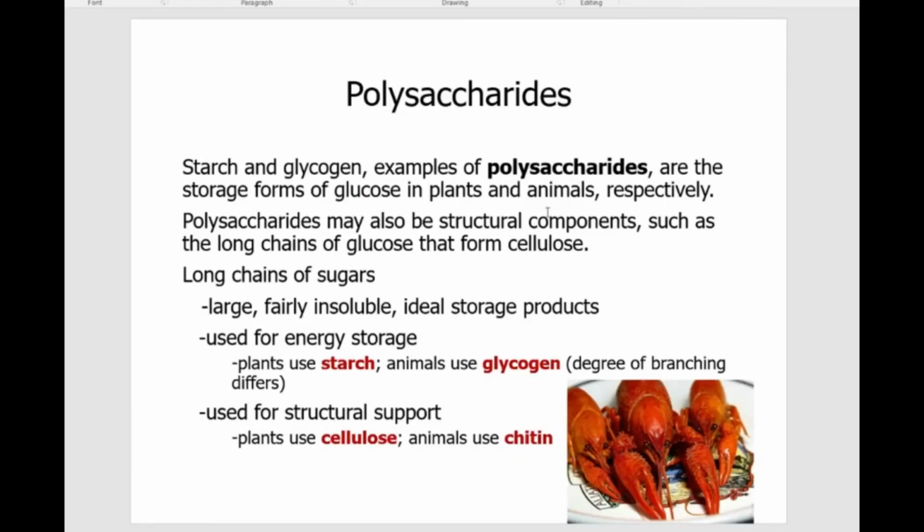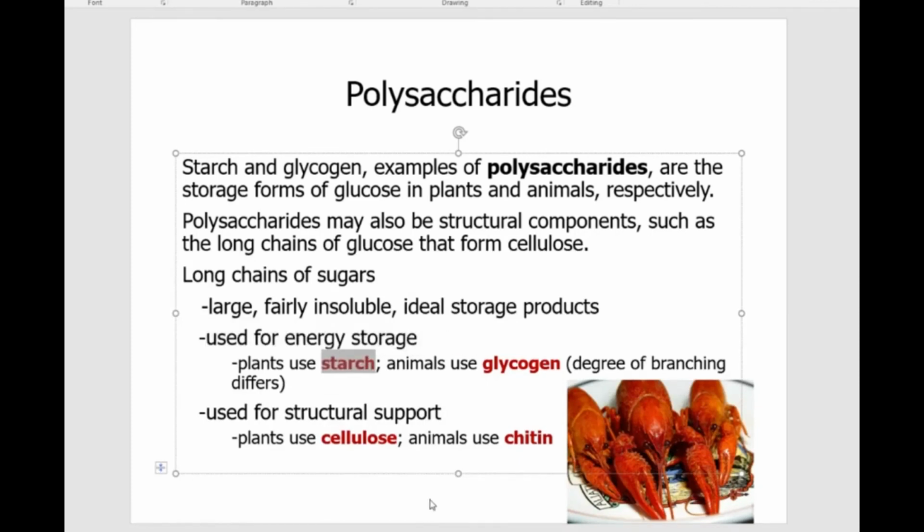Polysaccharide. Now, if you have a lot more monosaccharides linked together, forming chemical bonds, forming large chain structures, these are going to be polysaccharides. Usually we use polysaccharides to store excess glucose, excess energy. Used for energy storage. In plants, they form starch.